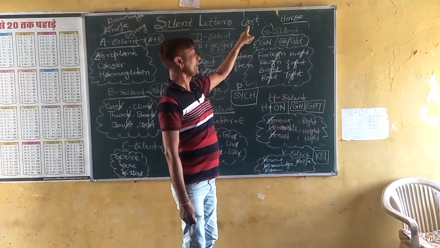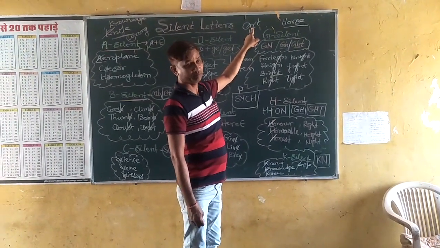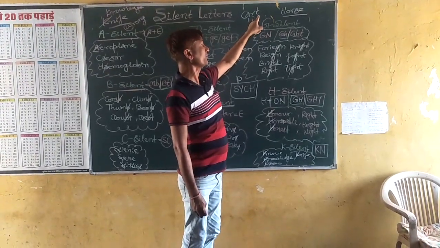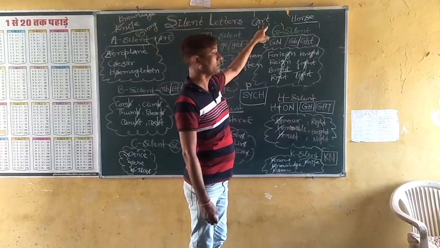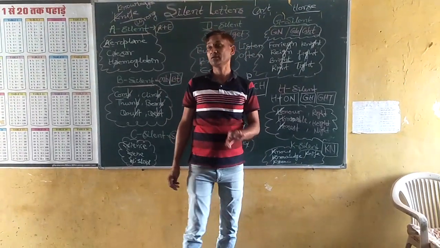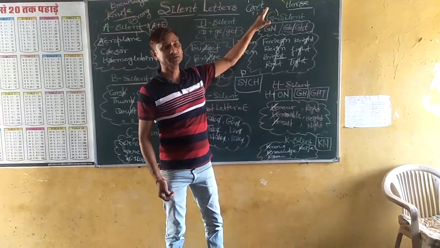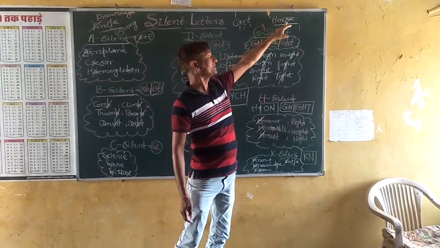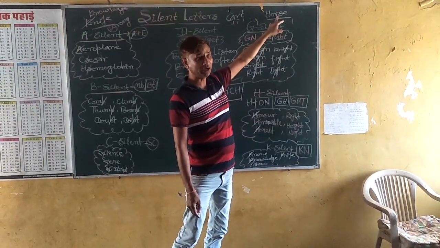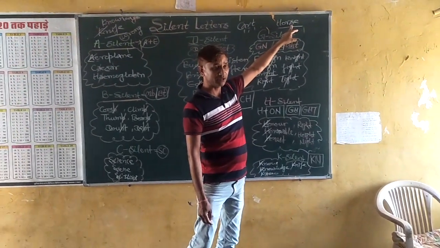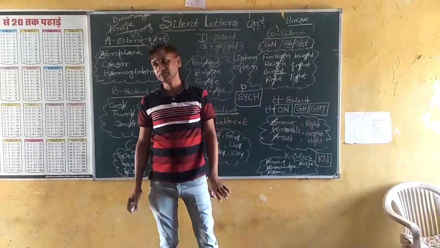As CART, there is letter A vowel before R and letter T consonant just after letter R. The letter R will be silent and we will call it cart. HORSE, O just before R and S consonant just after R, R will be silent.